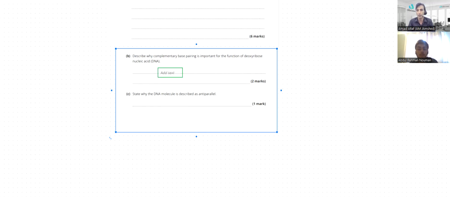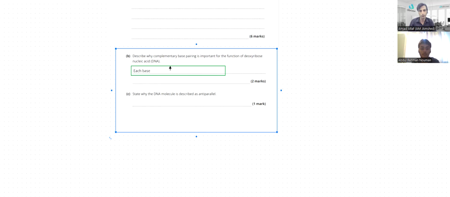First, tell me why the complementary base pairing is important for the function of DNA.